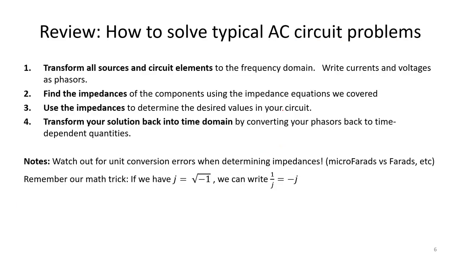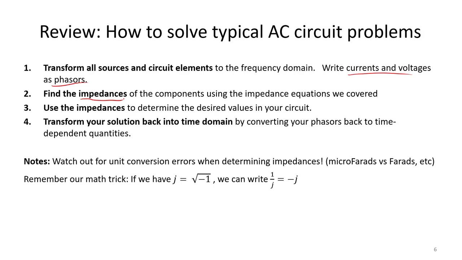Let's also briefly remind ourselves of how we plan to solve typical AC circuit problems. You'll remember our general strategy is that we first need to transform everybody to frequency domain. That means we write our currents and voltages as phasors, and we also have to find impedances of each component. And we use those impedance equations that we've covered.